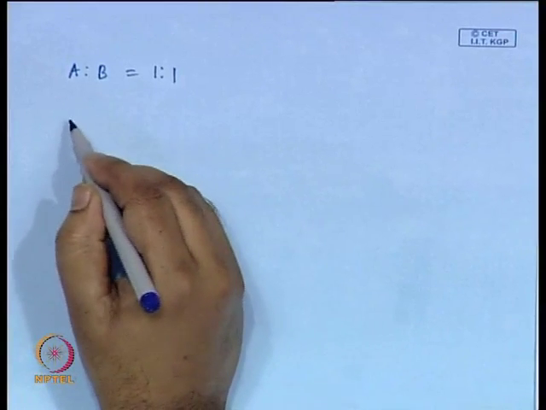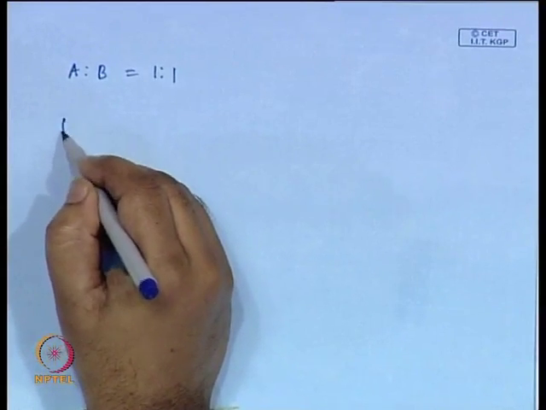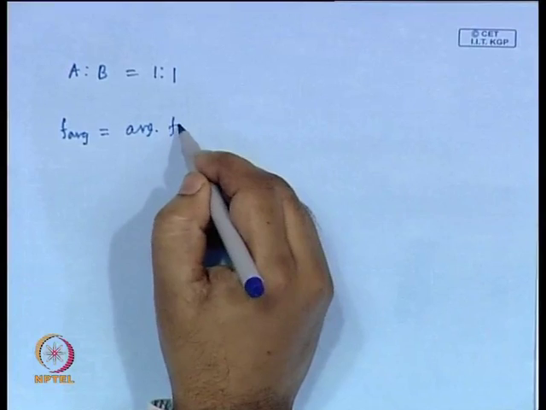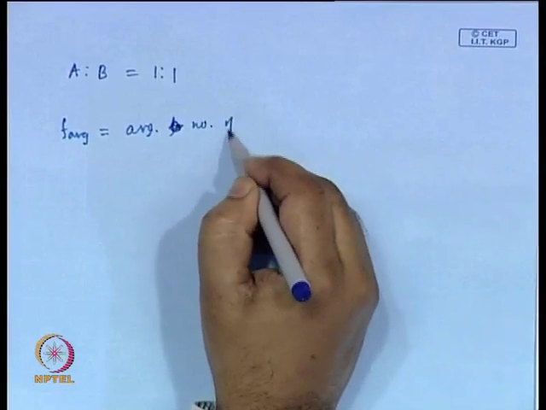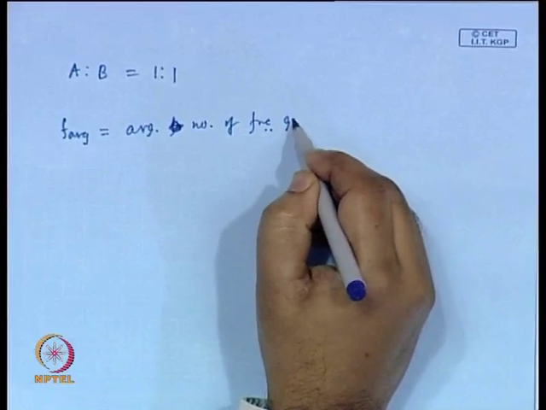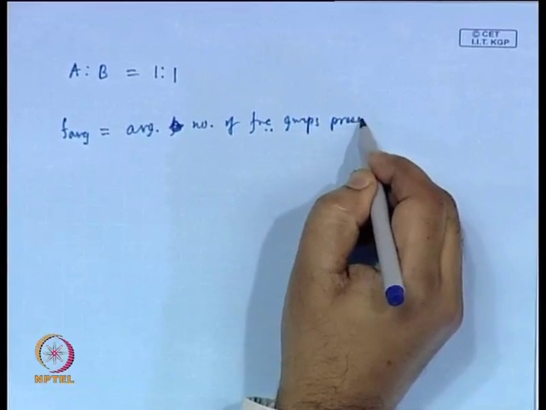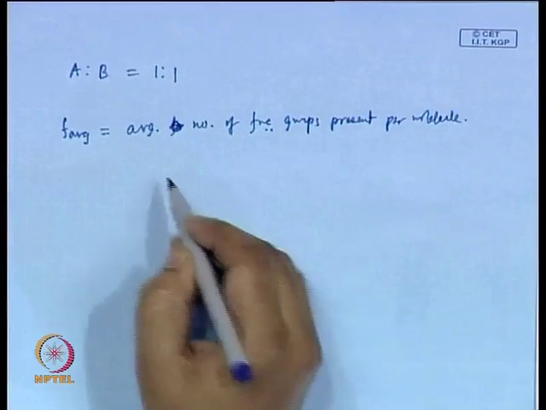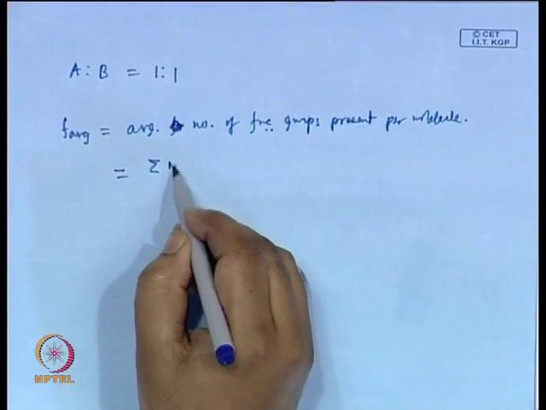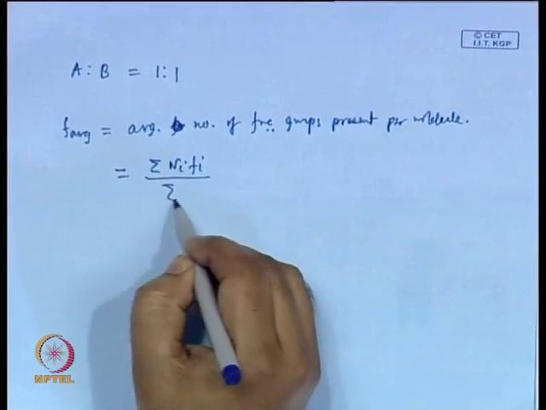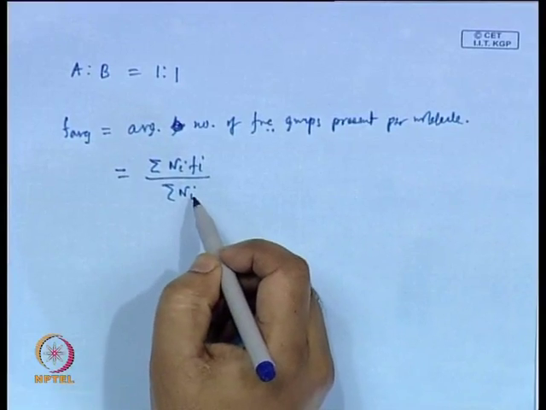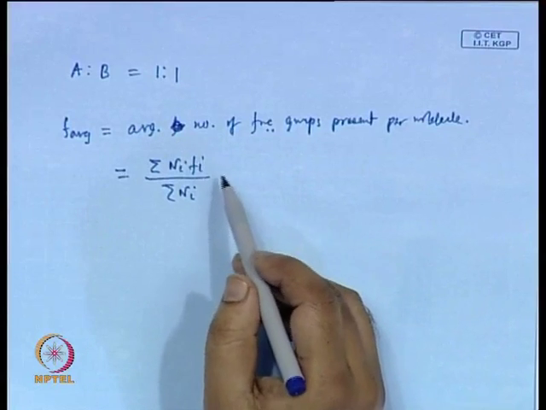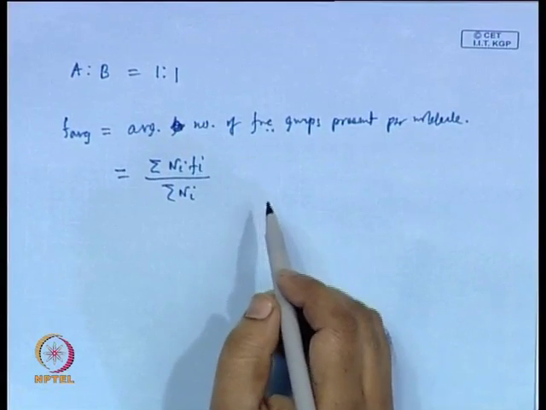And also we define a term F average, which is the average number of functional groups present per molecule, which would be given by sum of Ni Fi over total Ni, where Ni is the number of molecules having Fi functional groups.